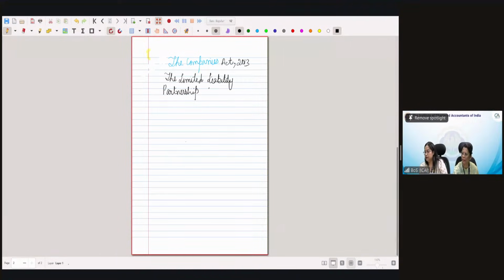So this is the way we have to write the name of the act. You will write the whole name of the act, that is the Companies Act, 2013, then the General Clauses Act, 1897. So this is the way to write the whole name of the act.